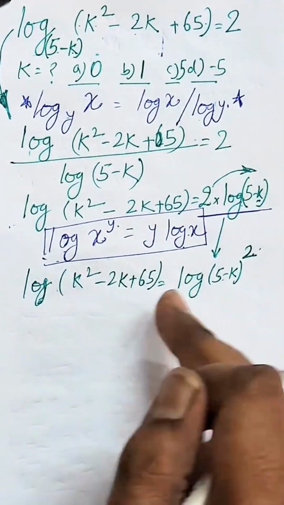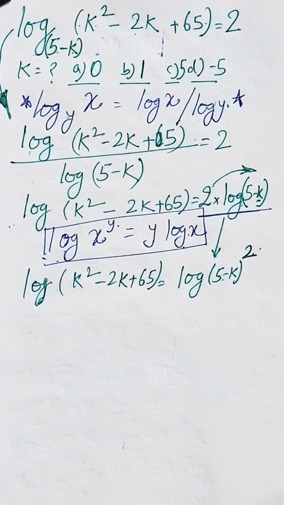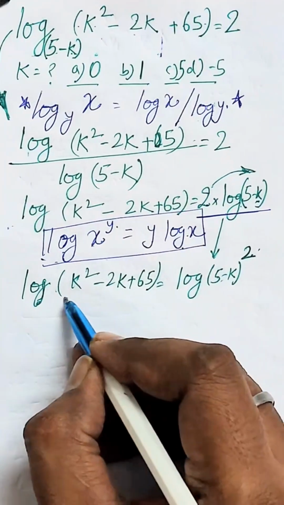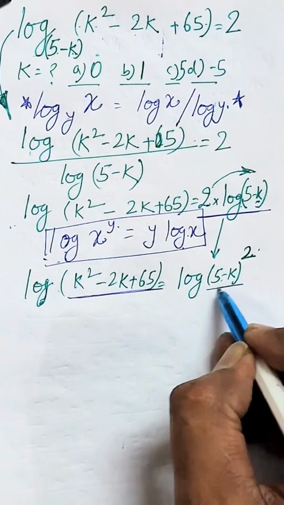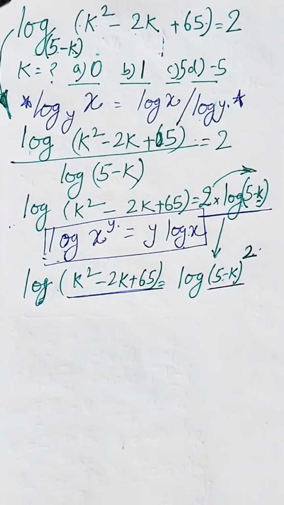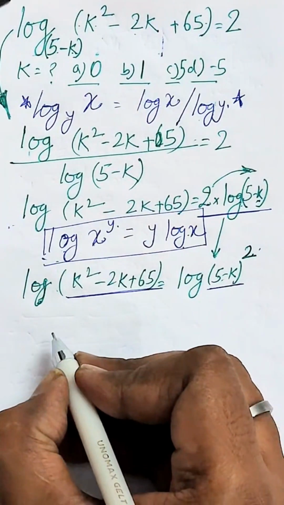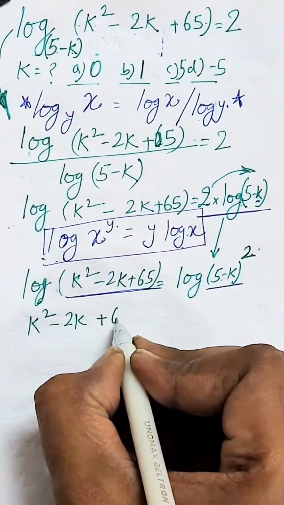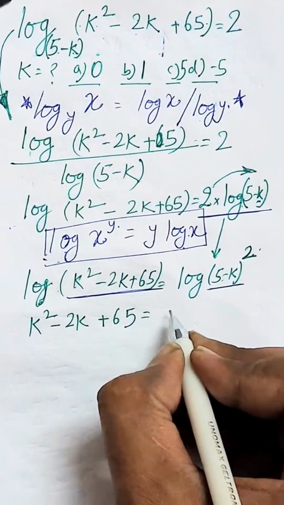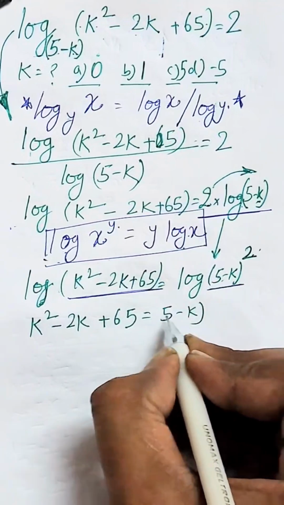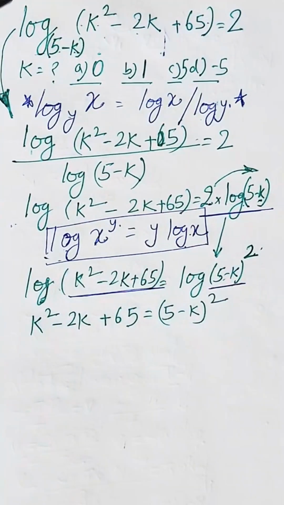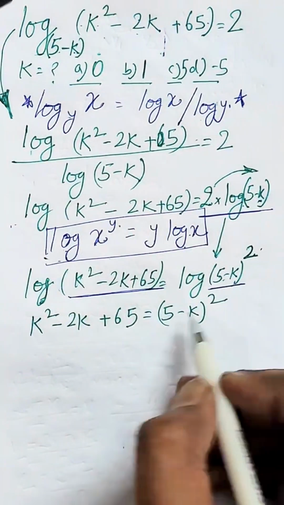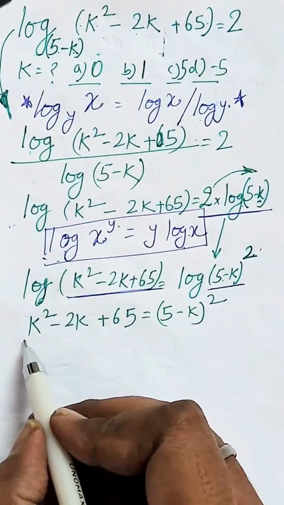Now take the antilog, then we can say that k² - 2k + 65 is equal to 5 minus k whole square. So this is the equation in front of you.